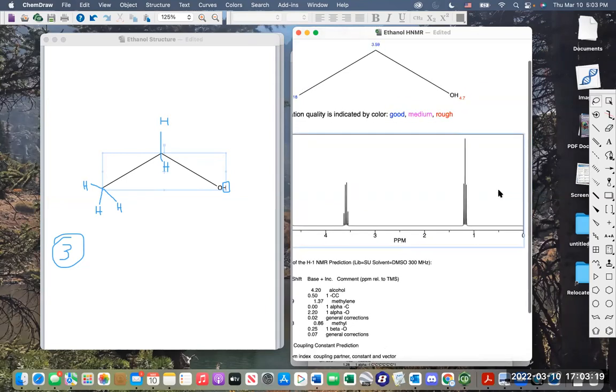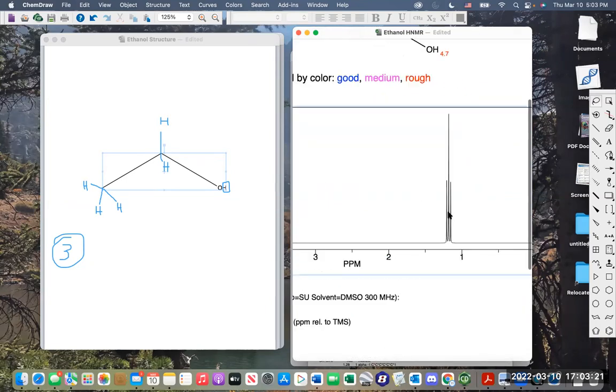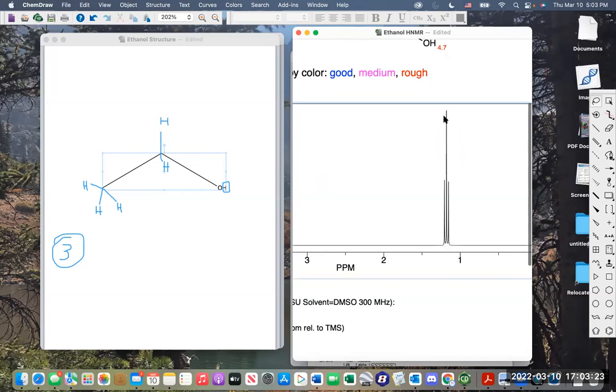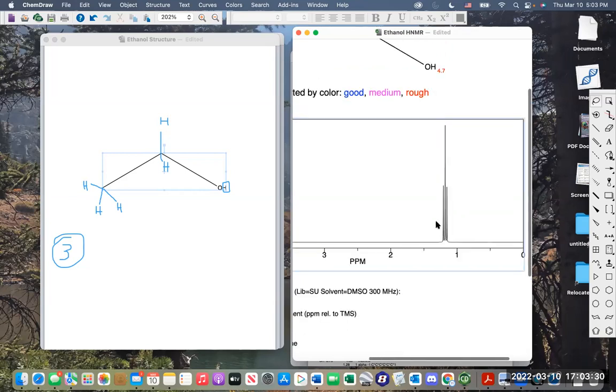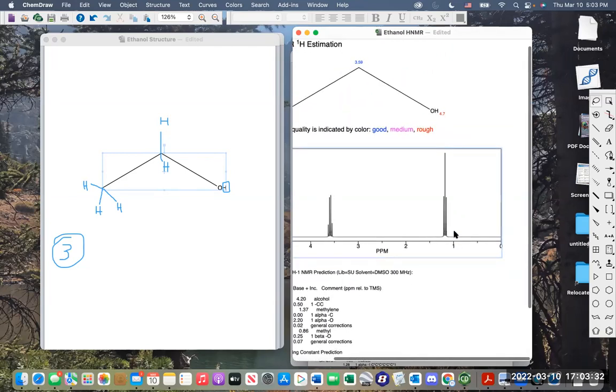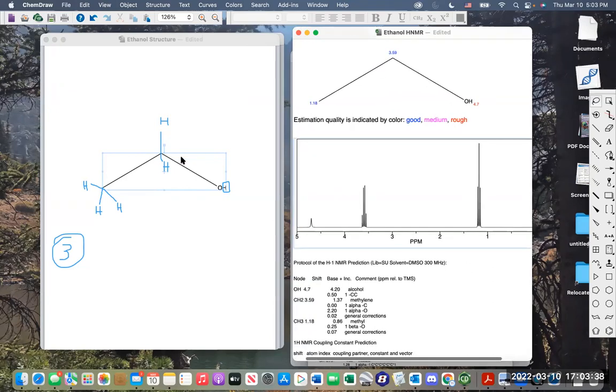Different patterns occur for different reasons. This right here is what we would call a triplet, because as you can see, there's one taller peak and two basically equivalent smaller peaks. That is because spin-spin coupling describes what's going on on the neighboring carbon. There's a formula that goes along with it.